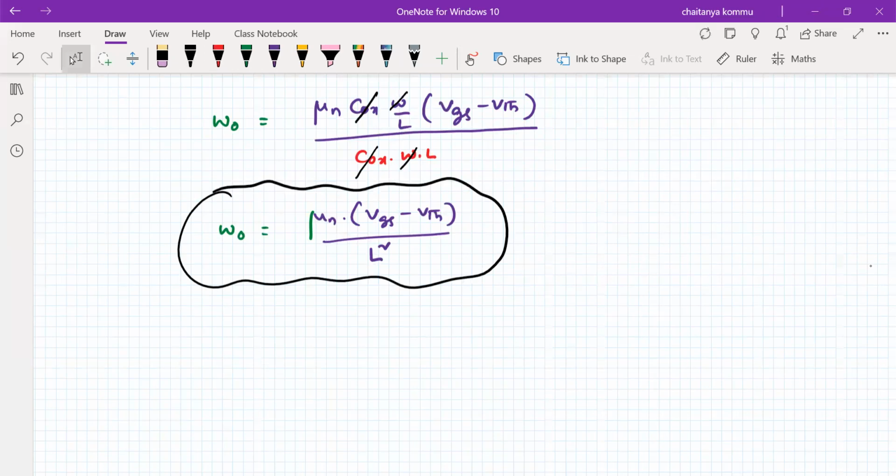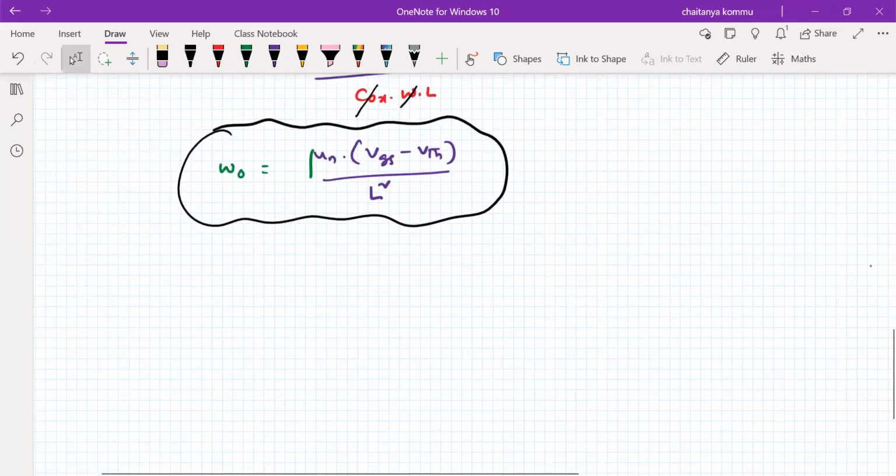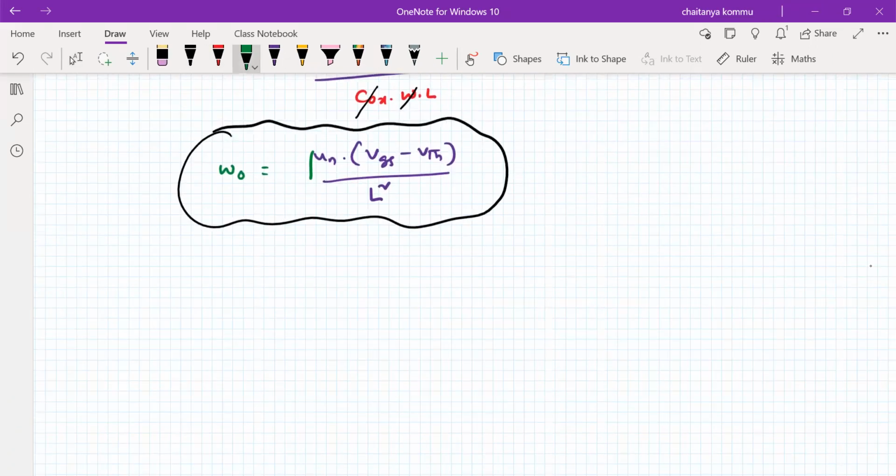If we want to increase the switching speed, we have to play with these parameters. Let us consider some observations. The first observation, which everybody knows, is that omega naught is proportional to VGS minus VTH.